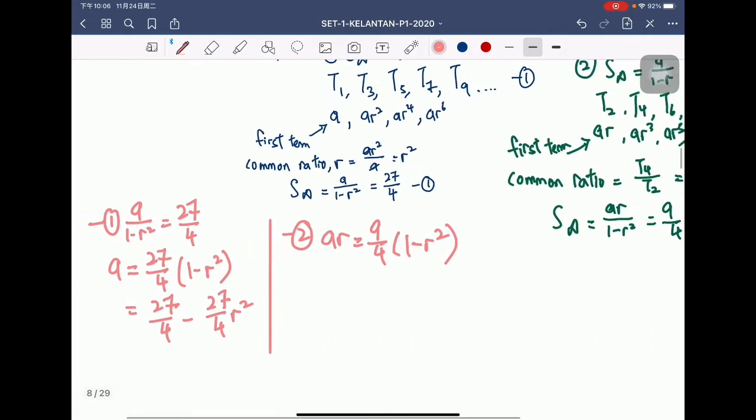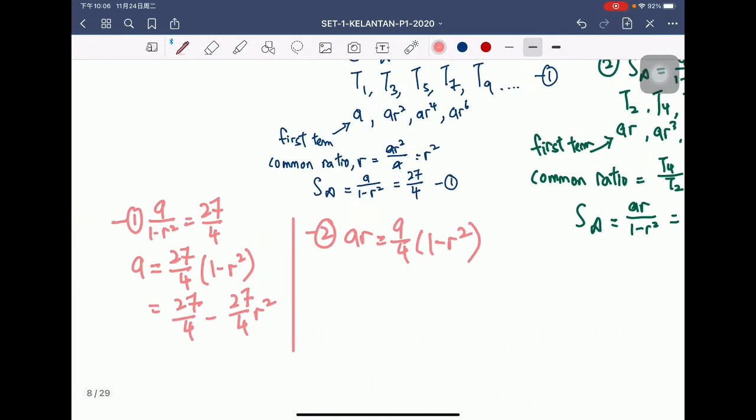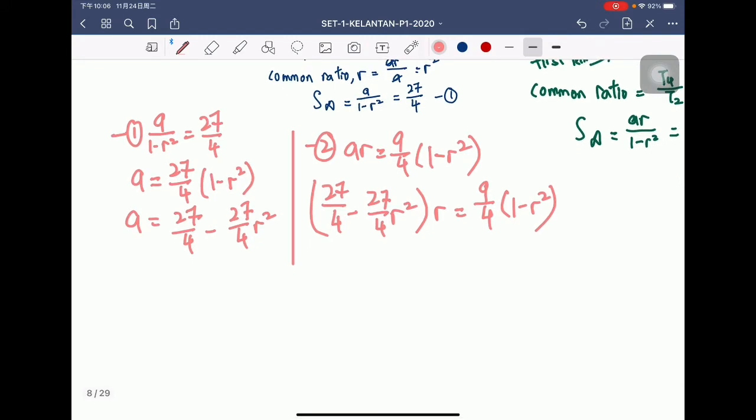So we substitute the A here into our second equation. It will be 27 over 4 minus 27 over 4 R squared, bracket R, equals 9 over 4 (1 minus R squared). So the thing we need to do is just solve this equation.